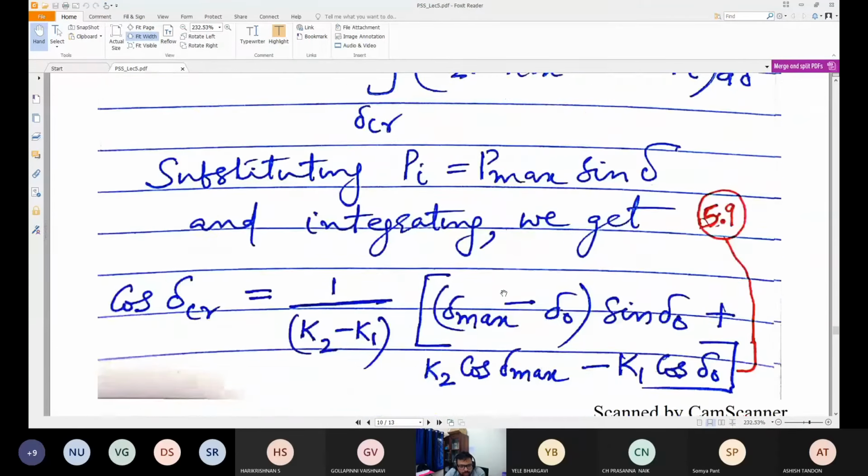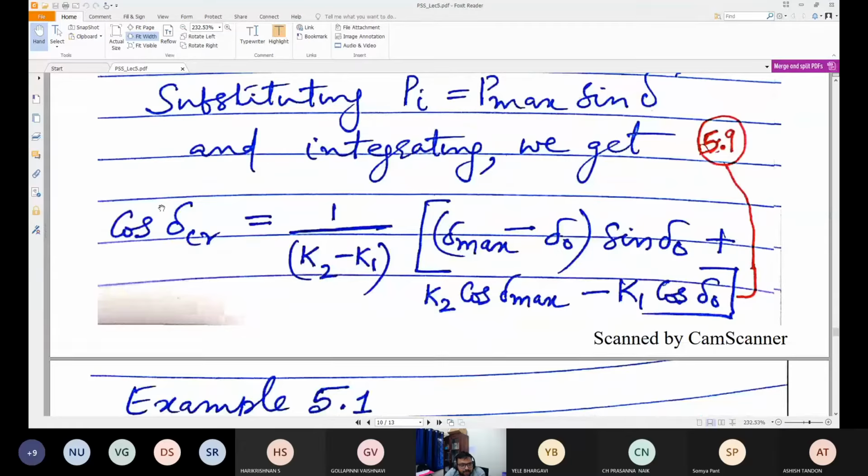If you do that and simplify, you get cos del CR equals 1 by K2 minus K1 into (del max minus del naught) into sine del naught plus K2 cos del max minus K1 cos del naught, which means if we know the initial operating point del naught and if we know del max, then you can find the critical clearing angle. So in the coming problems, in the numerical examples, which I'm going to post tomorrow, we will see these equations. Okay, this is just a concept.